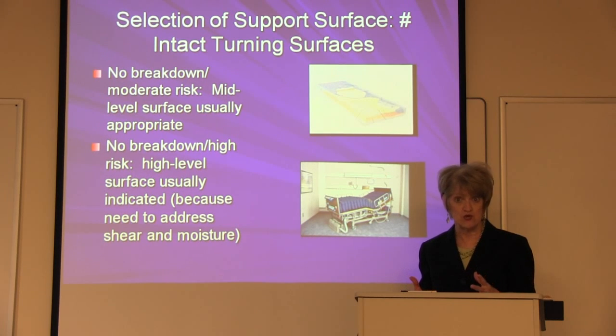In that case, you want them to have the highest level surface available, and you want to be addressing everything. You want to provide high level pressure redistribution, you want to provide shear and friction control, and you want to provide microclimate control.